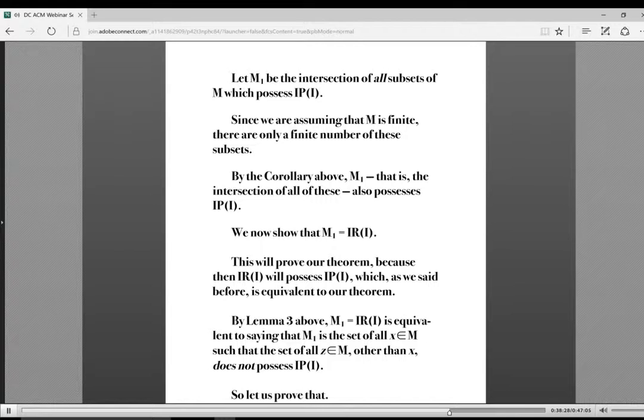By lemma 3 above, M1 equals IR of I is equivalent to saying that M1 is the set of all X in M such that the set of all Z in M other than X does not possess IP of I, the input property. So let us prove that.